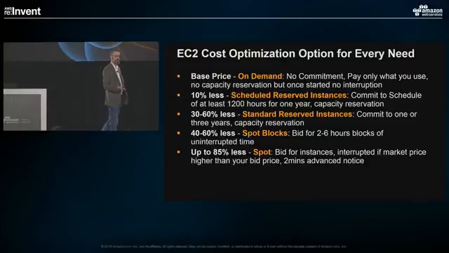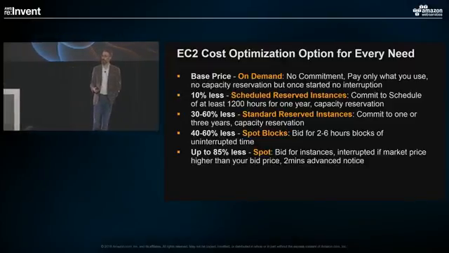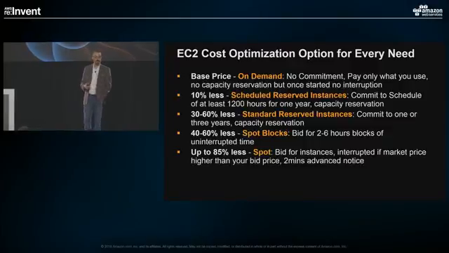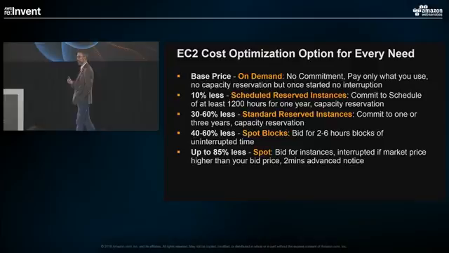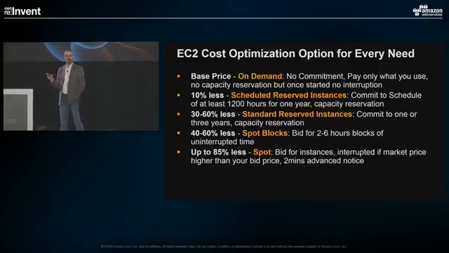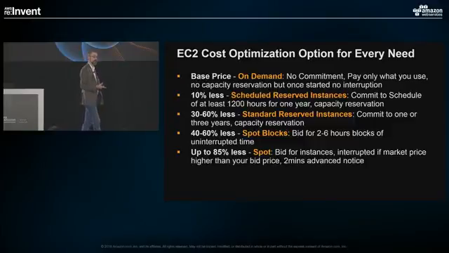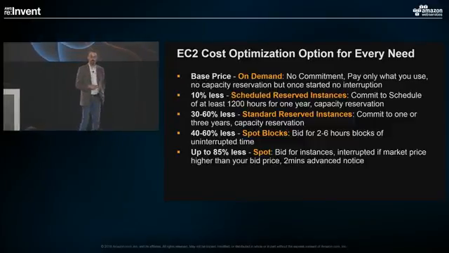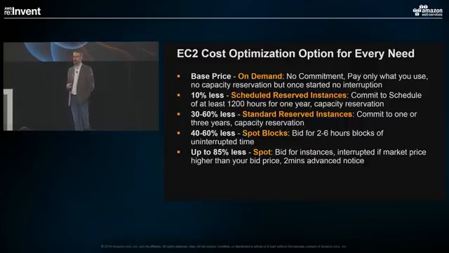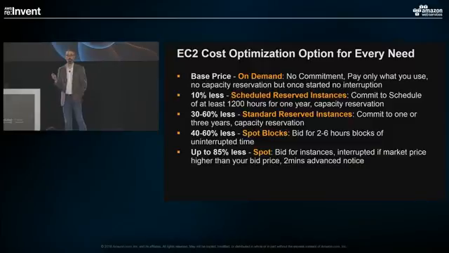Going to scheduled reserved instances to save a little bit, going to standard reserved instances to save more, going to spot blocks for those jobs that are going to run for 6 hours or less, and then to save the most, going straight to spot, right? And you get to choose what's appropriate for your business, and I would argue that most businesses use a combination of these things.